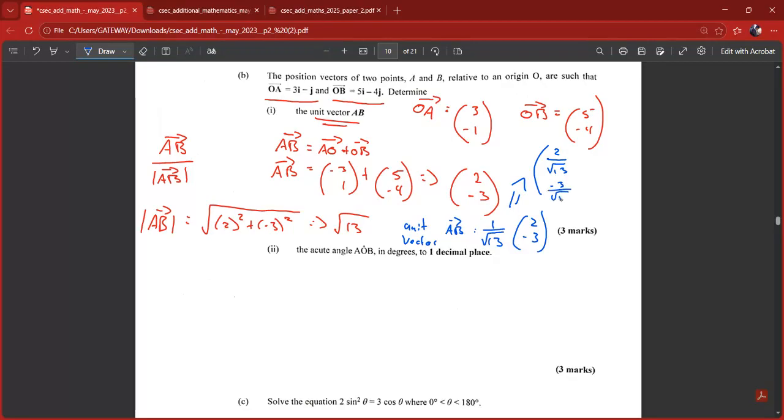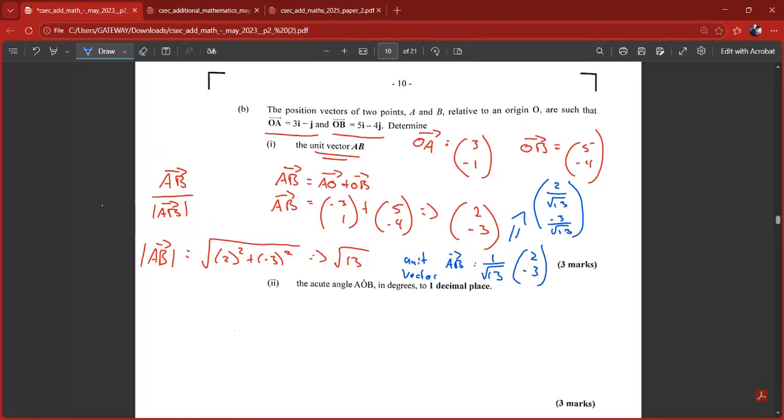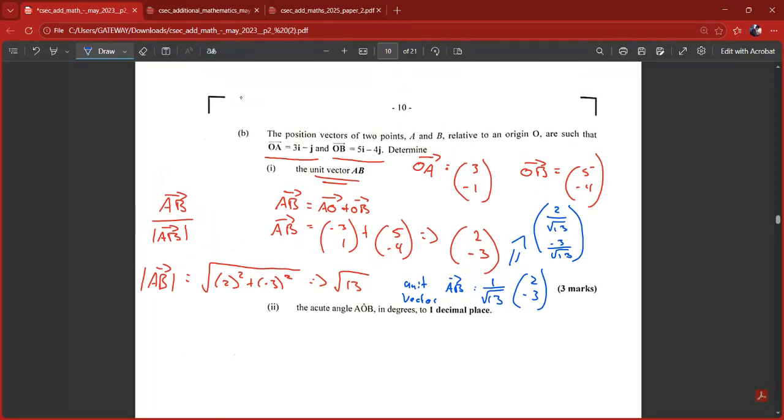Now this is in the column form here, so we can write it back in the Cartesian form if we want. I will put that up here. So unit vector of AB.